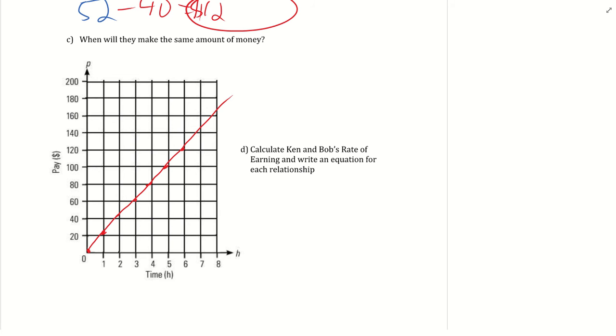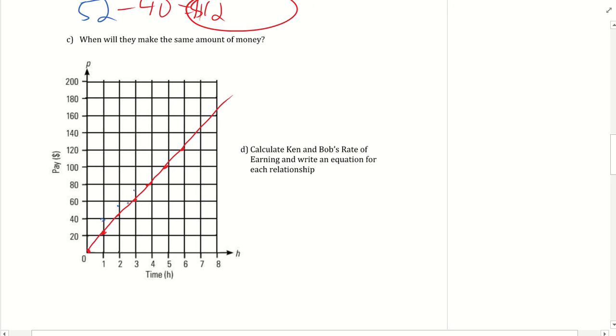If we take a look at Bob, Bob's going to start at 20 right off the bat. So after an hour, he's going to make $36. After 2 hours, he's going to make $52. After 3 hours, he's going to be making about 68.